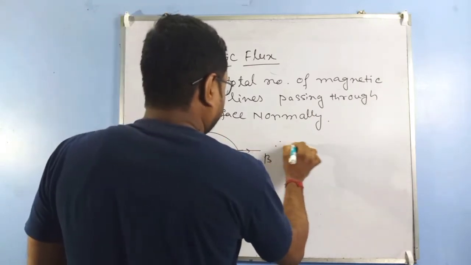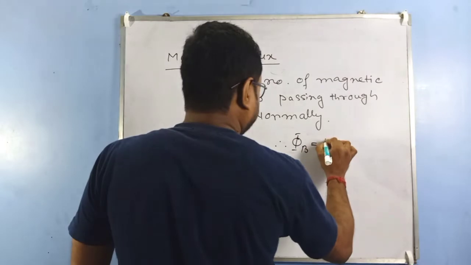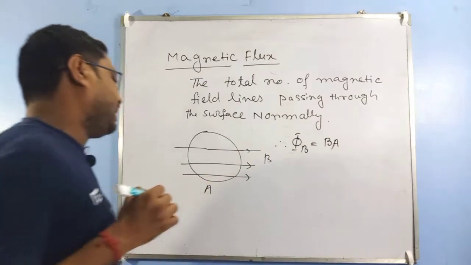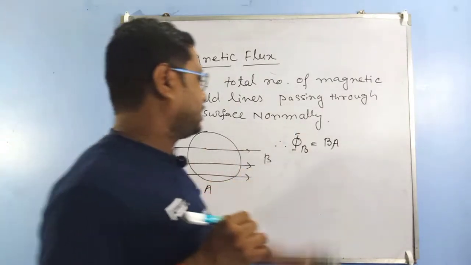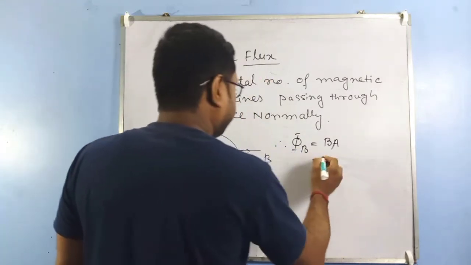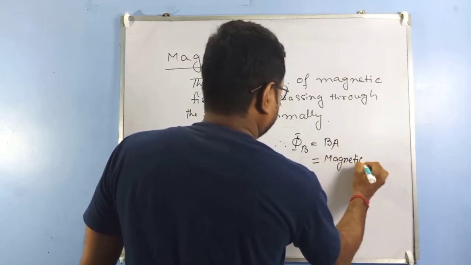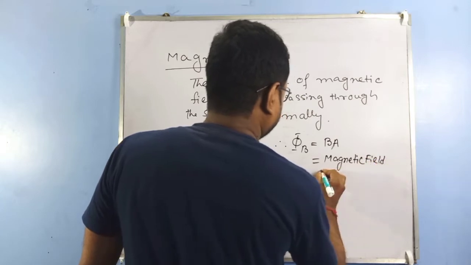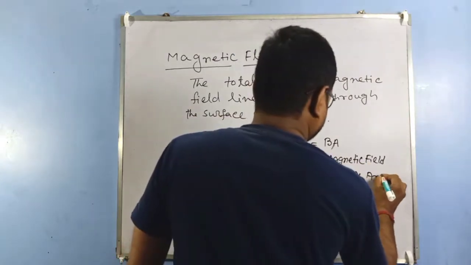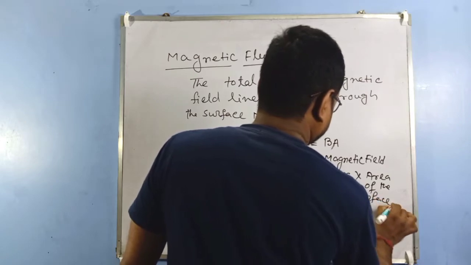Then the total flux is written as phi or phi B equal to the product of magnetic field intensity B and area vector A. BA is the total flux of this surface area A. That is, magnetic flux equals magnetic field vector B multiplied by the area of the surface.